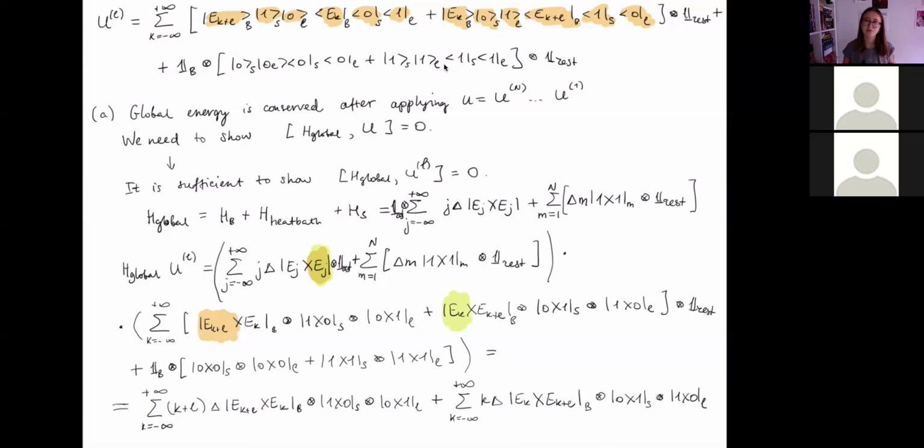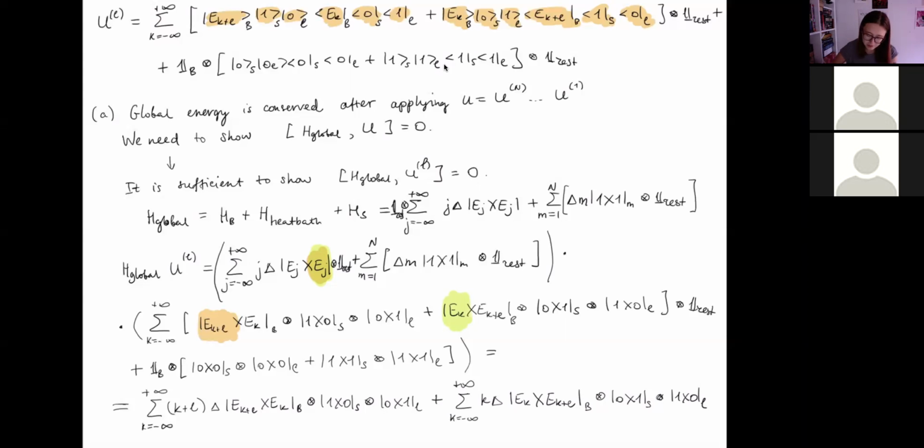And here, let us take it as a convention, since I'm not doing it explicitly: in the sum we're just writing the terms where the corresponding matrix is not identity.